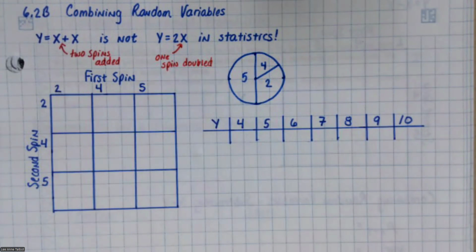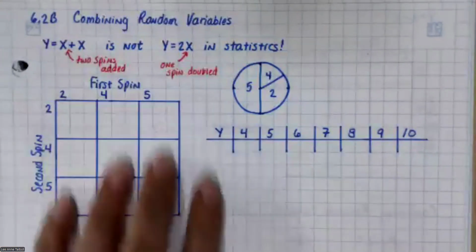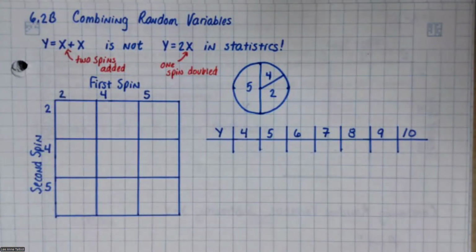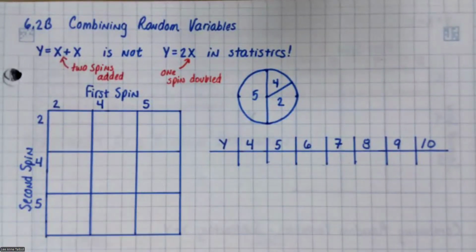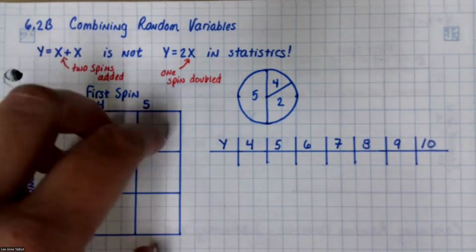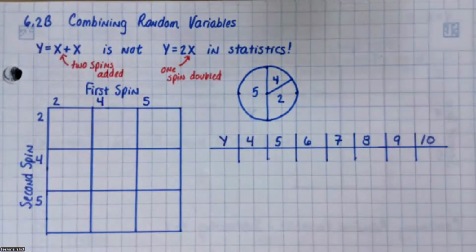Okay, so now what we're going to see is what happens with the distribution of x plus x. So all the different possibilities and their probabilities. I'm going to make a probability model, and arrange all of my options. Okay, so let me explain what I'm doing here.